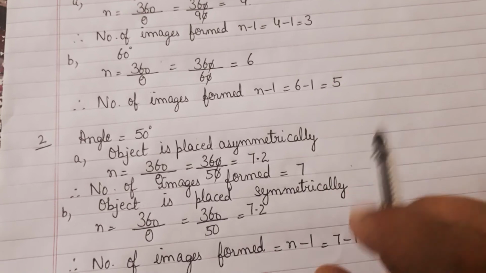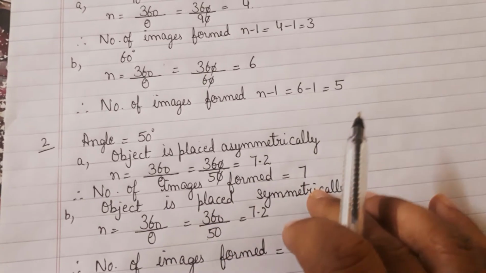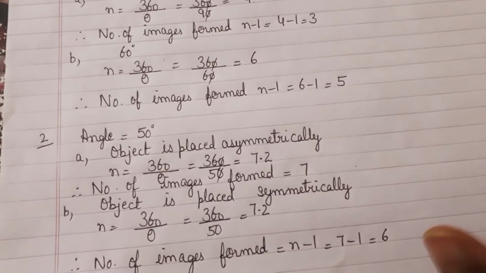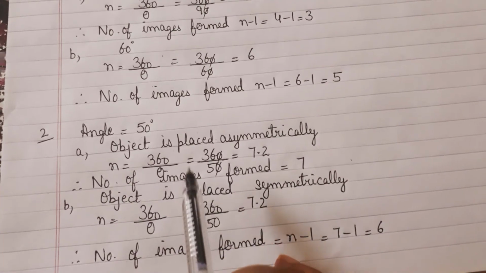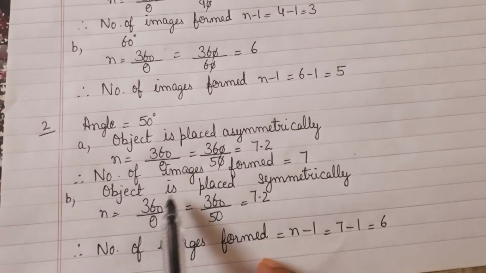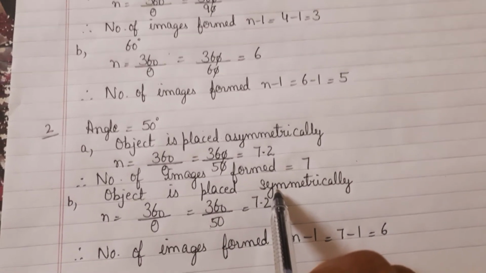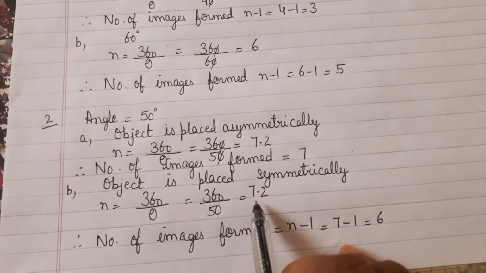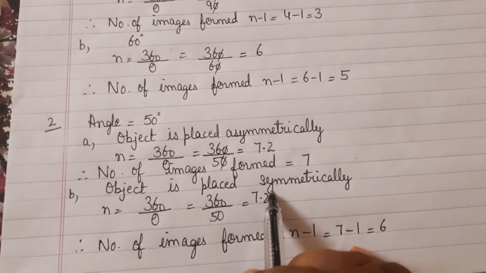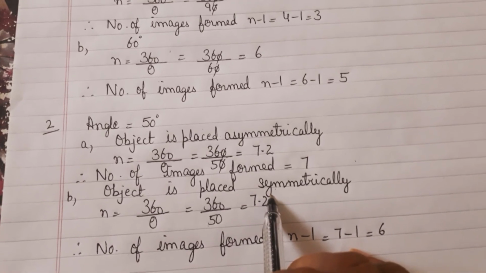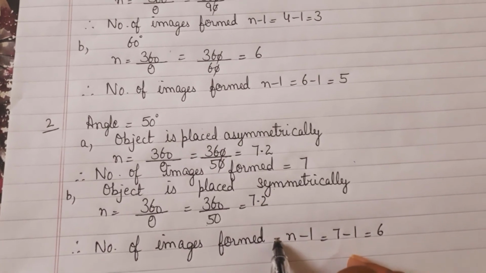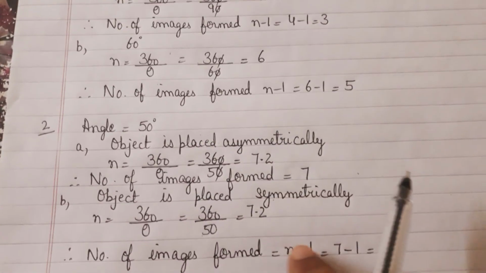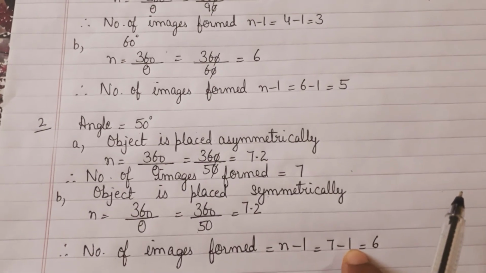And because it is odd and it is placed asymmetrically, it is equal to the number of images, and that is 7. Now, in this next case, when we work out for a symmetrically placed object, the number of images formed is again 7. But because the object is placed symmetrically, what do we do, children? We take n minus 1, and that would work out to 7 minus 1, and that would be 6 images.